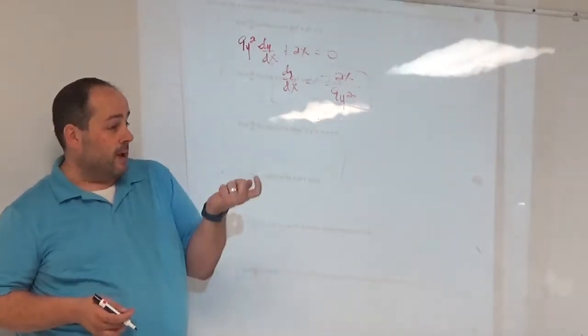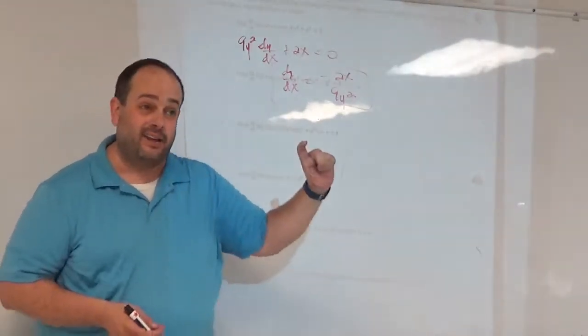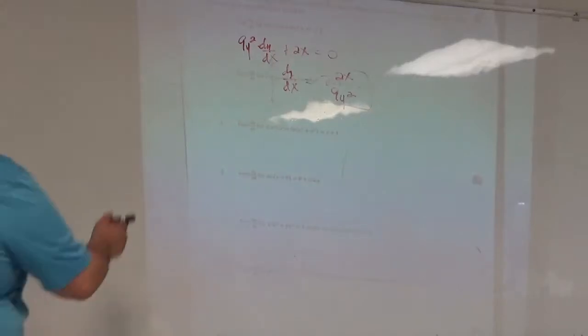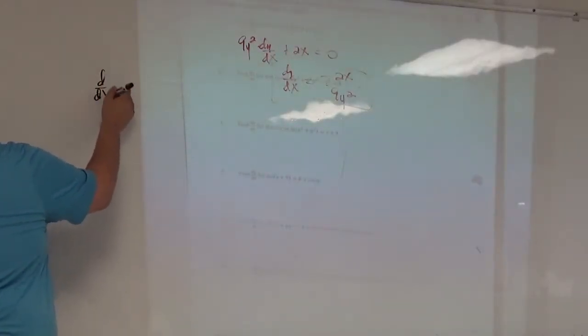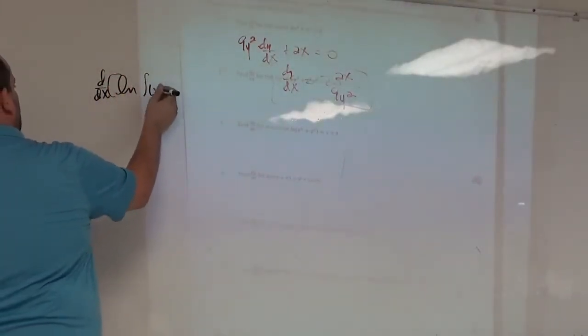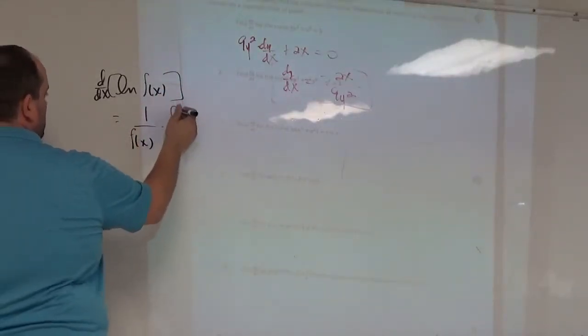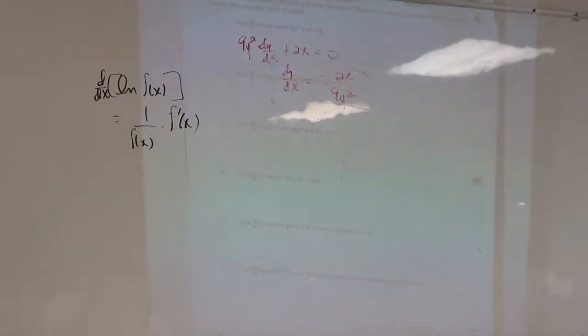There's properties for if you're multiplying inside the log or dividing or powers, but not addition. So we need to find the derivative of natural log of stuff. And you guys all know that derivative of natural log of stuff is 1 over stuff times derivative of the stuff.